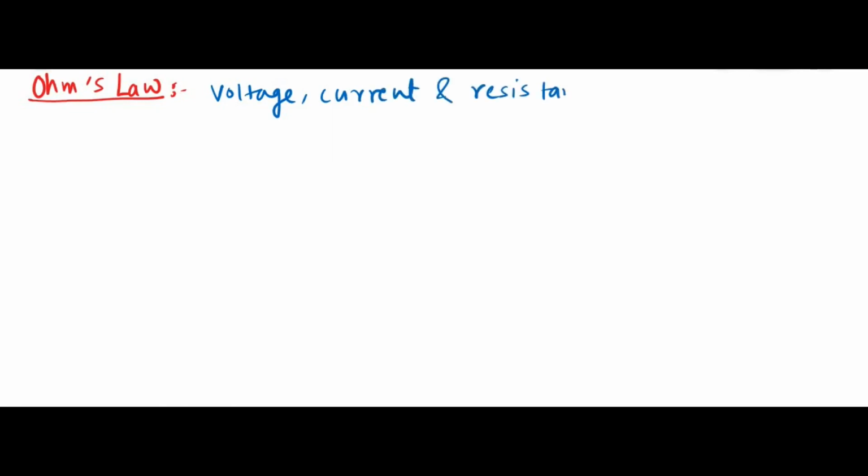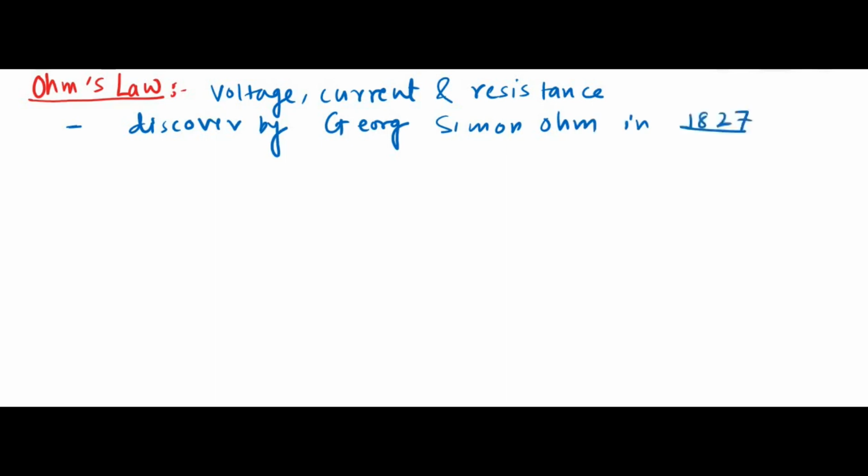Dear student, in this video lecture, we are going to study a very important law, that is Ohm's law. First and perhaps most important relationship between voltage, current and resistance is given by Ohm's law, discovered by George Simon Ohm in 1827.